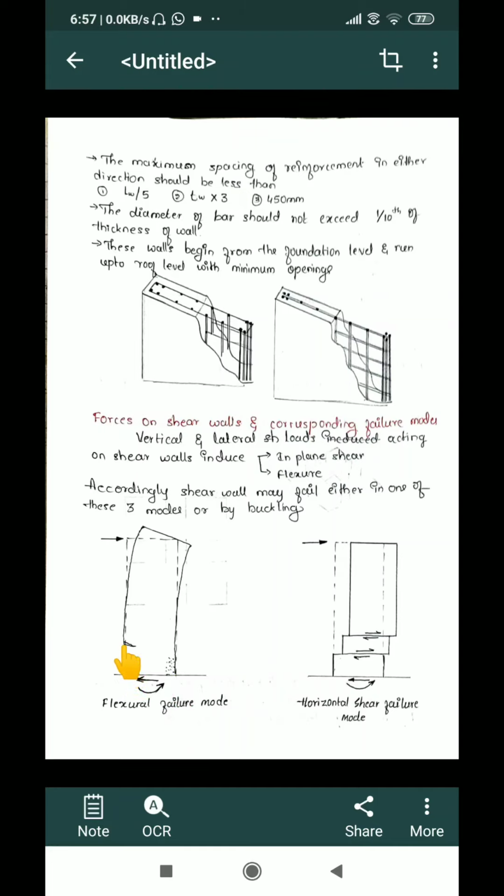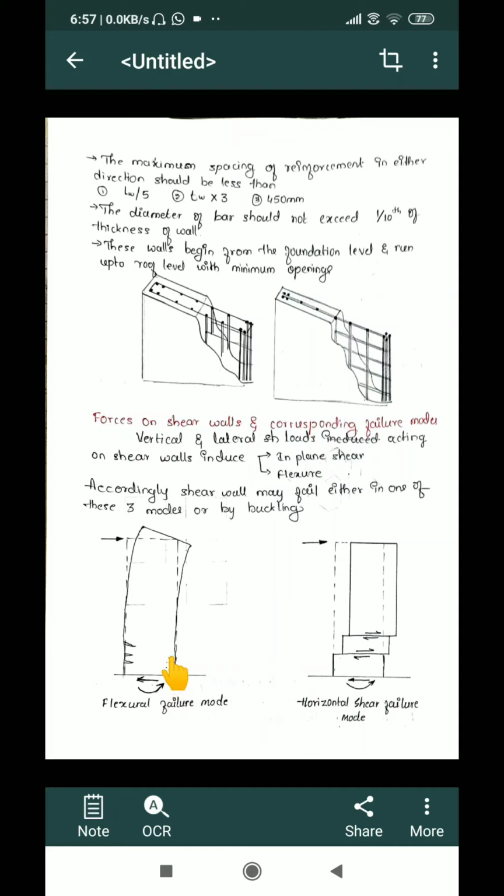So if a building is deflecting in this direction, then this face of the building will be under compression, whereas this face of the building will be under tension. You can see the length is slightly increasing on this side because the building material is getting stretched, whereas it is getting compressed on this portion.